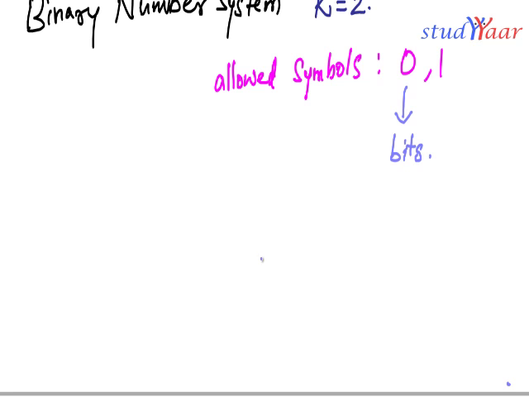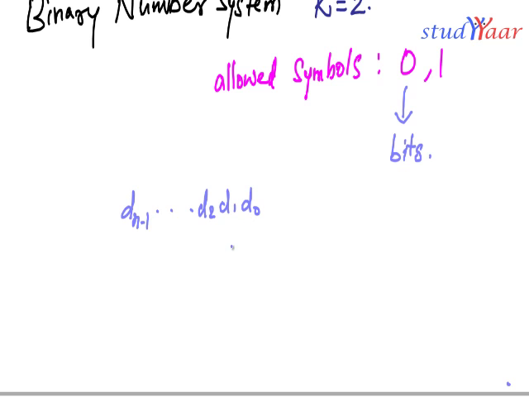Okay, so if I have number like this, let's call it as D0, D1, D2 till Dn minus 1.